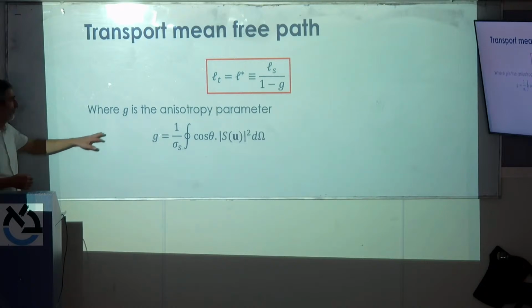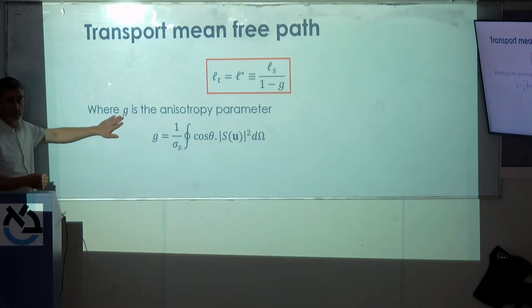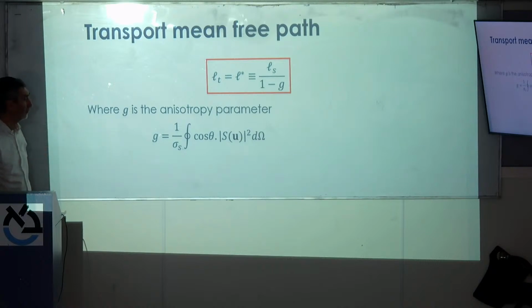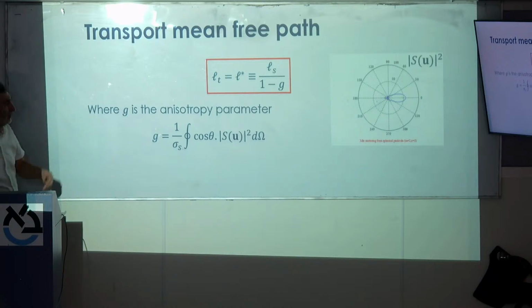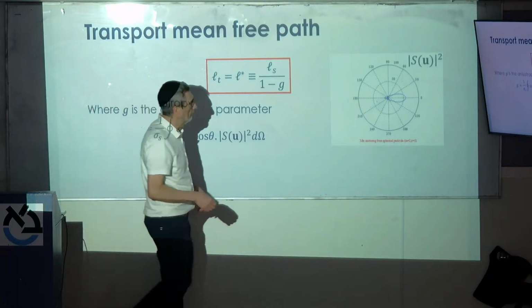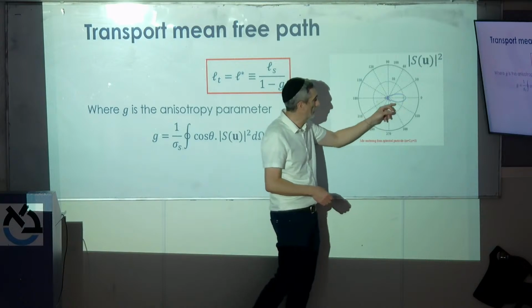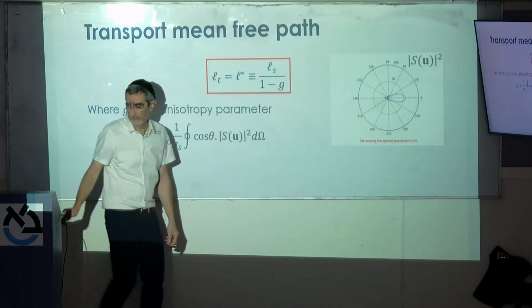And this is introduced by this g parameter, you remember? It's called the anisotropy parameter. You can look at previous courses. It tells you how anisotropic the scattering is in the system. If you remember this diagram, it shows that you have quite strong scattering in the forward direction.